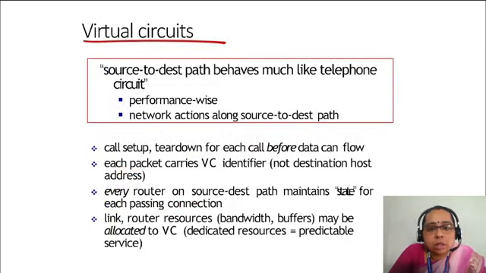Virtual circuits: the source to destination path behaves much like a telephone circuit, which we can categorize performance wise. Whichever actions we take to send a packet from source to destination, we should be aware of which path we are going to select, so based on performance it will be evaluated.